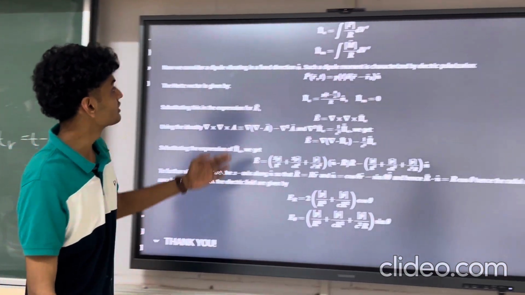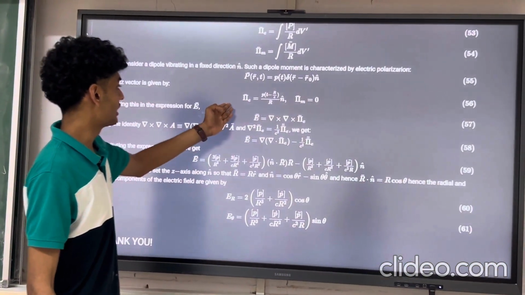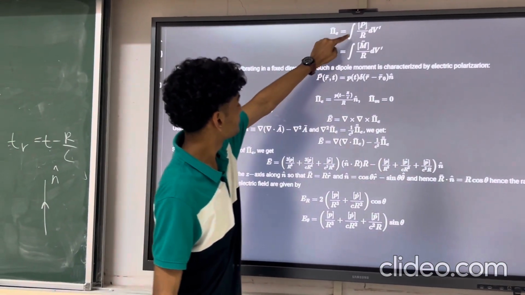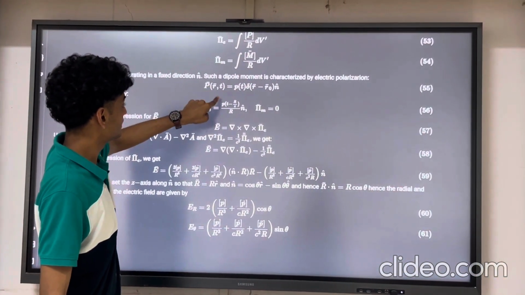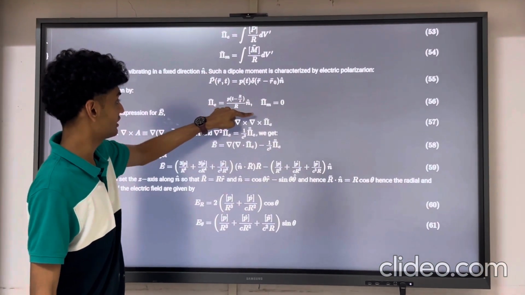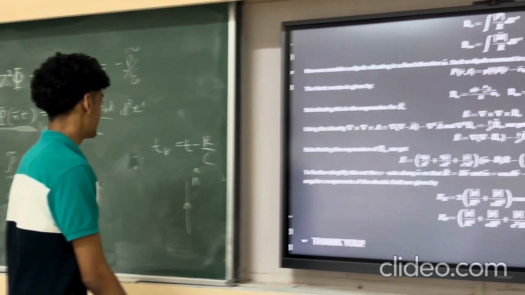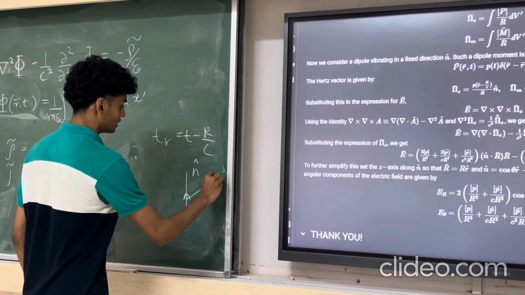In that case, since we don't have any magnetization, pi m becomes 0, and pi e simply becomes this, and since we have a delta function, it simply becomes p of t minus r by c upon r, where r is the distance of the dipole to the observation point.